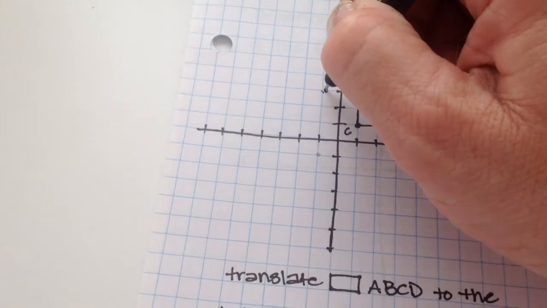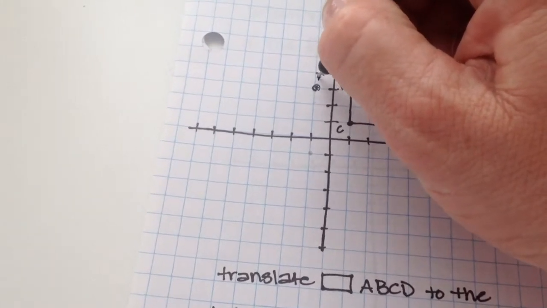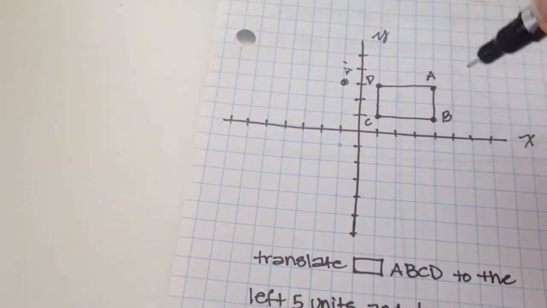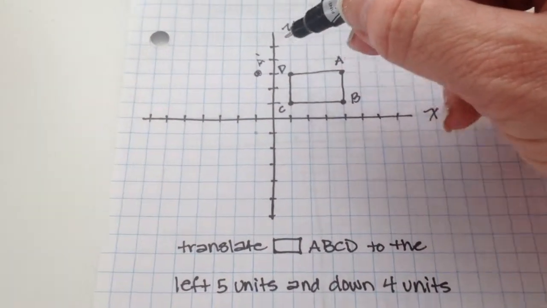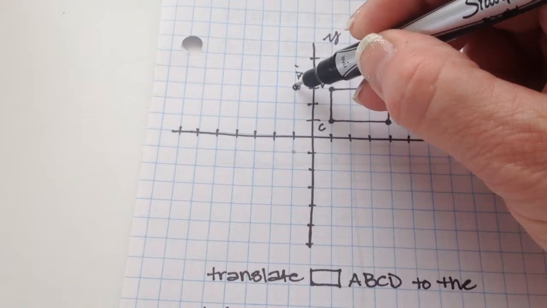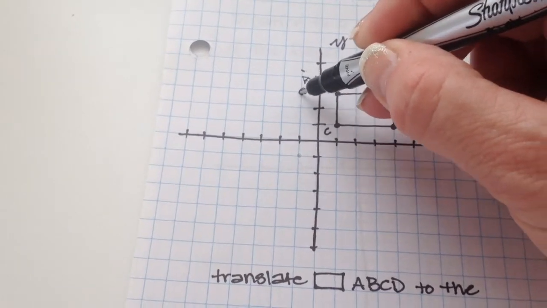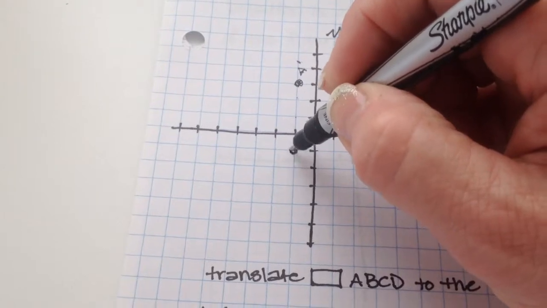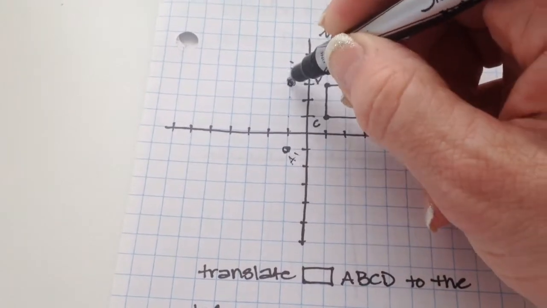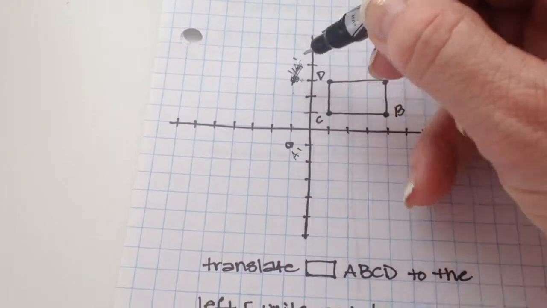So right there, it's going to be A1, as we're going to call it. Then, oh wait, no, not yet, because it says and down 4 units. All right, to the left 5, then down 1, 2, 3, 4. So right here, that's going to be A1. Sorry, I didn't read all the instructions.